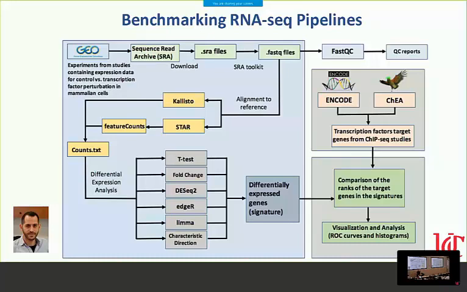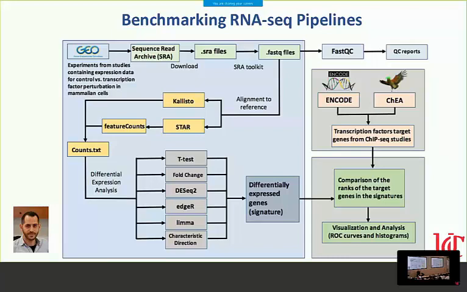And this pipeline shows you how you can benchmark various aligners, how you can benchmark various differential expression analysis methods, and then you use the data from ENCODE or the ChEA database to try to find matches when you perturb a transcription factor and then measure gene expression after the perturbation, and then the binding sites of the transcription factor upstream of the same gene.